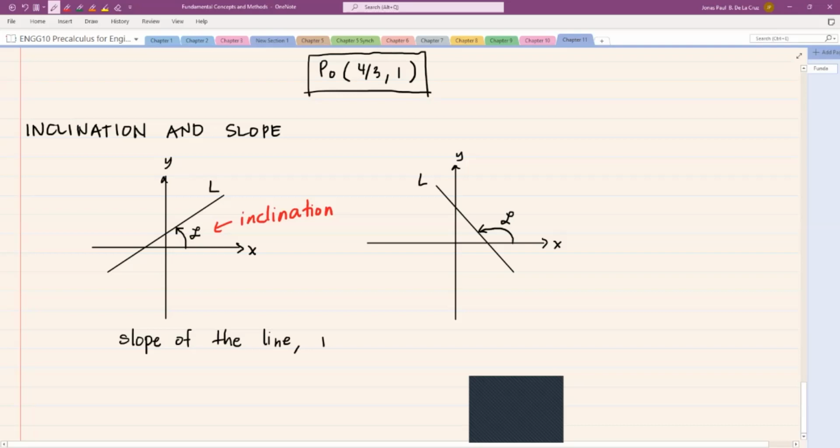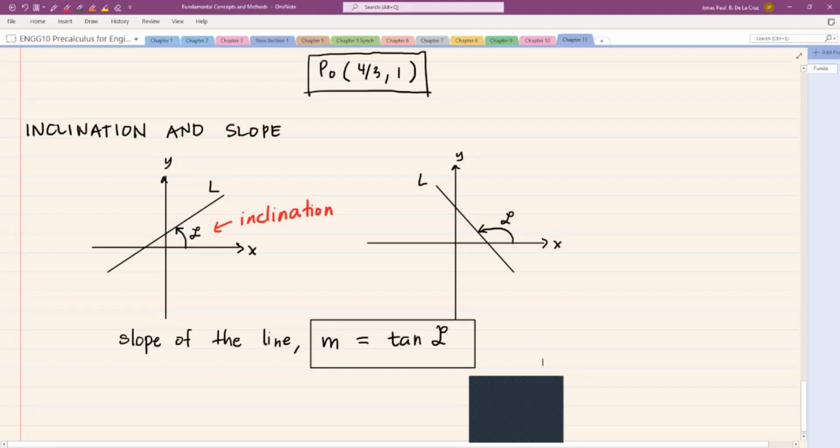The slope of the line is equal to the tangent of the inclination. The symbol for slope is M. The slope of the line is equal to the tangent of the inclination. So this is the relationship of the slope and the inclination. So when the line is horizontal, the inclination is 0, tangent of 0 is 0, meaning the slope is 0.